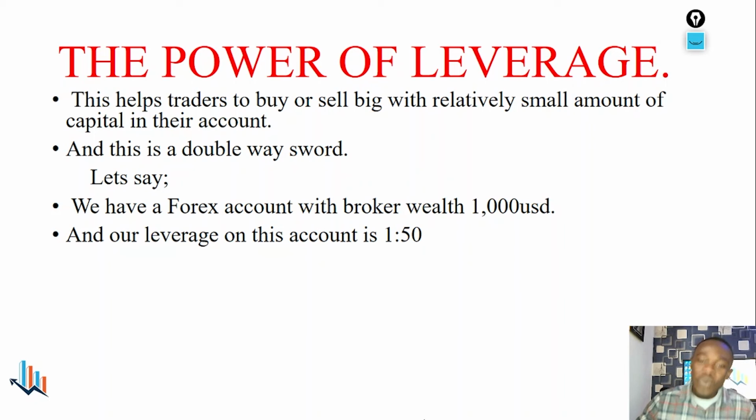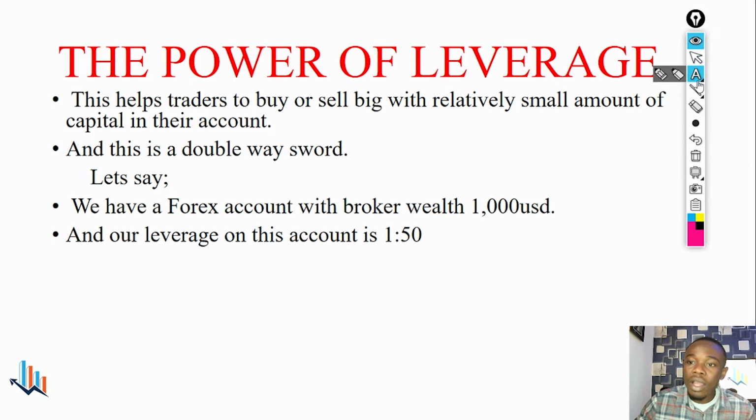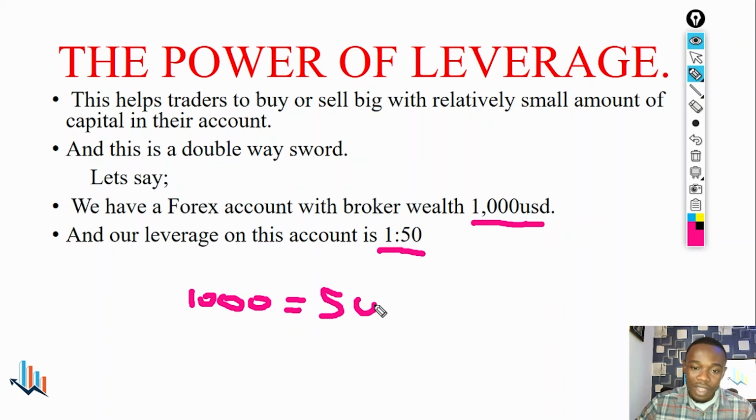So meaning we are having $1,000. And our leverage on this particular account is 1:50. So this means we can use our $1,000 to buy or sell a base currency worth $500,000.